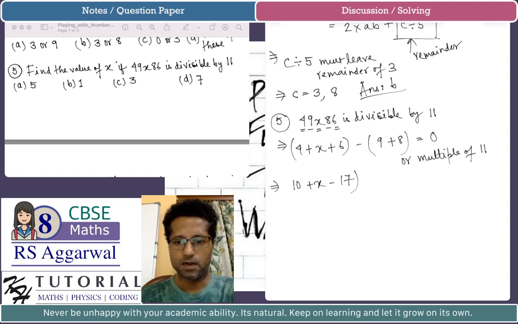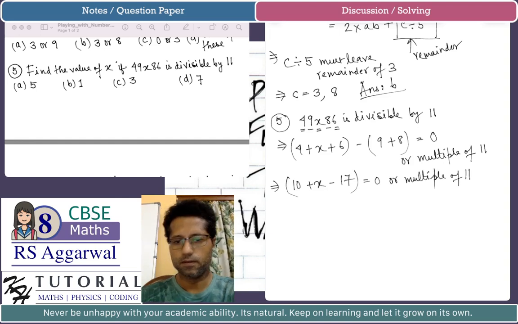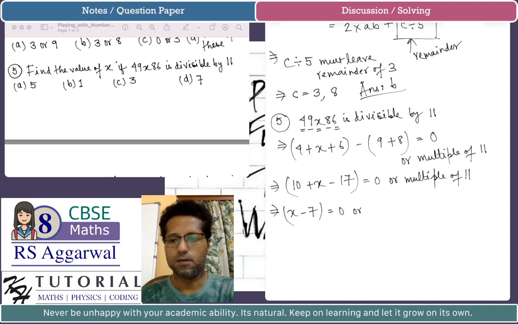So we get 10 plus x minus 17 equal to 0 or a multiple of 11. So we must have x minus 7 equal to 0 or a multiple of 11.